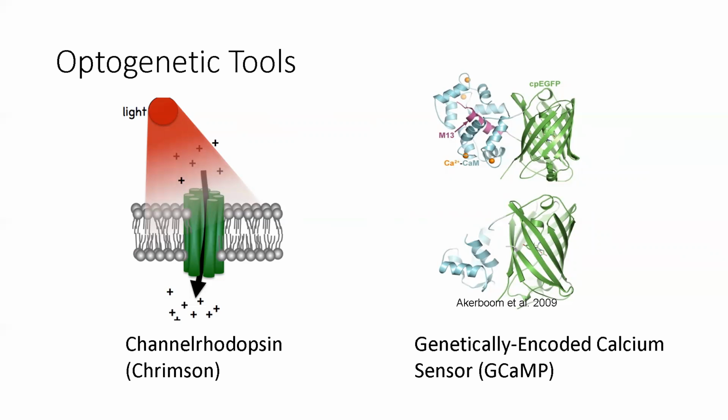In this way, if we say that calcium influx into the cell is a proxy for neuron activity, we can also say that the fluorescence from this protein is also a proxy for neuron activity.